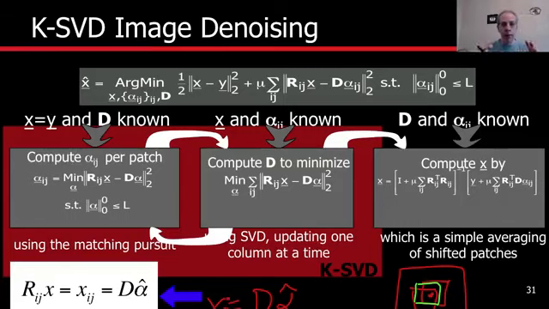Every single one has been reconstructed. How do we reconstruct the pixel? We basically average all those patches. You can add weights to the average. That's what the theory tells you.